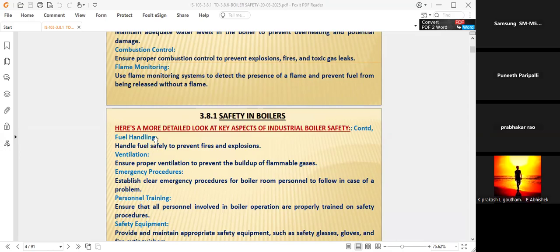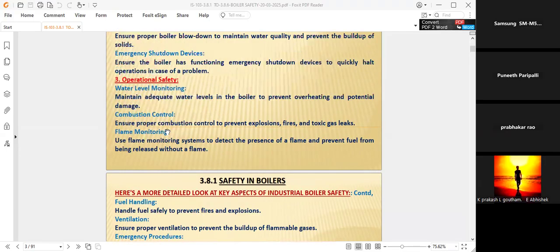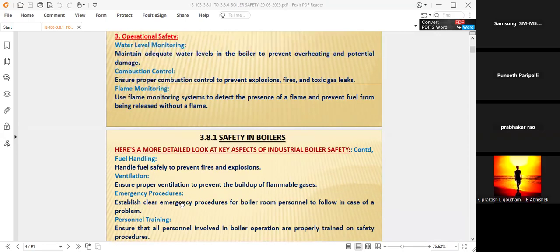Meanwhile, ventilation is also one of the important points. In the boiler room or boiler floors, various floors are there. On the ground floor there is an ID fan, FD fan, and other pumps and tanks. On the first floor there is a feed system.